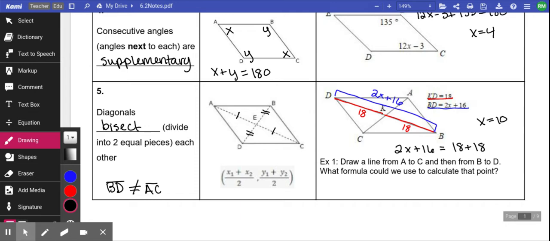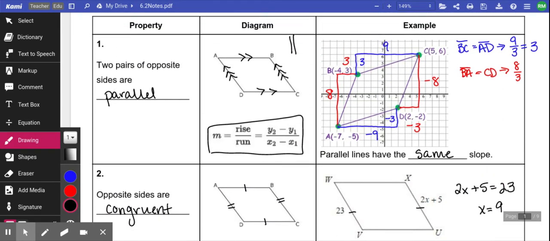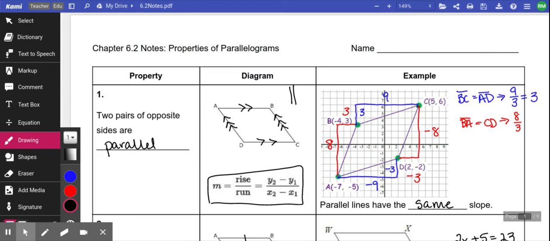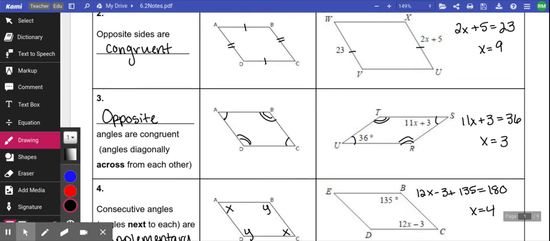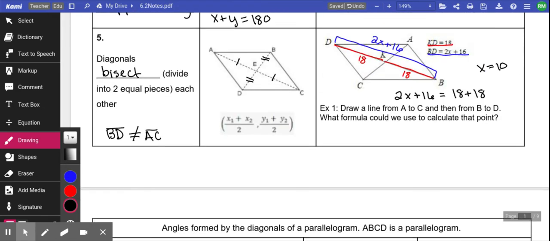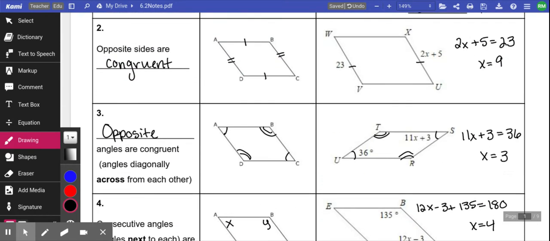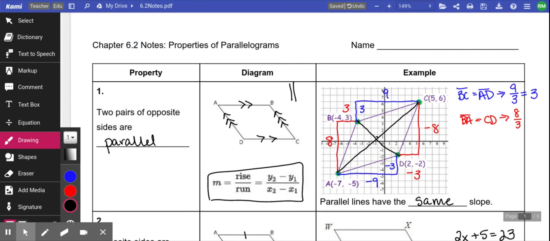So which problem am I talking about? That's example 1. So let's go up to the top. We are going to form diagonals in this example right here. And it says, what formula could we use to calculate that point? So what point am I talking about? I'm talking about where they intersect.